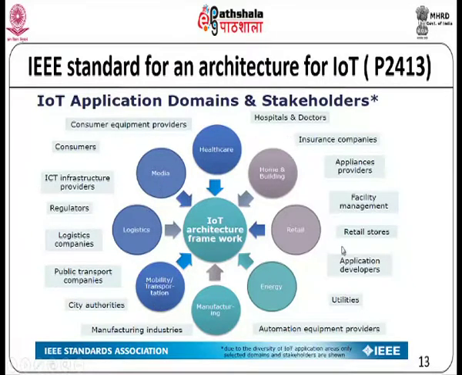And you have different stakeholders here: hospitals and doctors, insurance companies, appliance providers, retail stores, utilities, automation equipment providers, manufacturing industries, city authorities, public transport companies, logistics companies, regulators, consumers, consumer equipment providers. So you can see that from lay persons to big organizations and all types of markets, everywhere there is a place for IoT, which is why we are expecting IoT to be the major technology in the next few years.